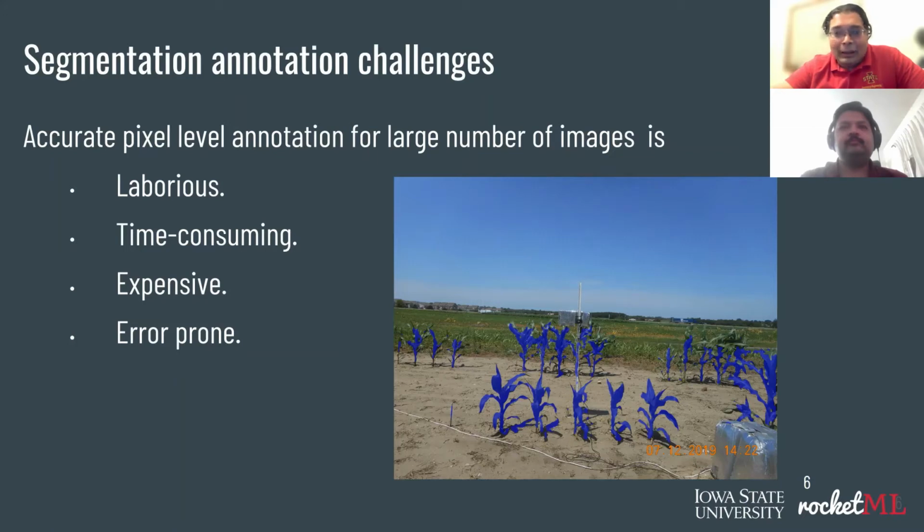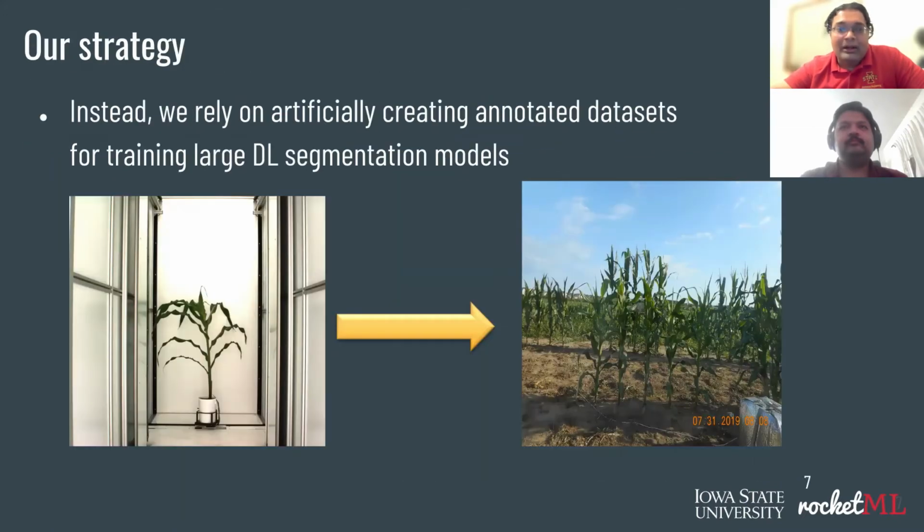And so we build upon recent work where we rely on artificially creating annotated data. This is phenotyping in the wild, because in the video you presumably noticed a lot of dew, a lot of wind, different illumination conditions, and a lot of rain as through the season you're taking images. Creating robust segmentation models requires creating good annotation data.